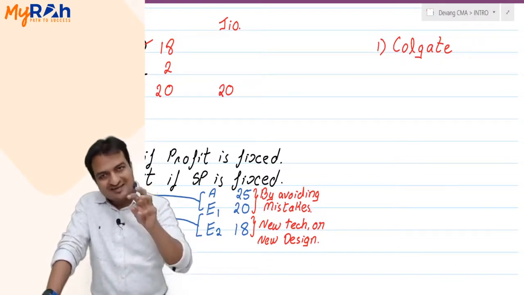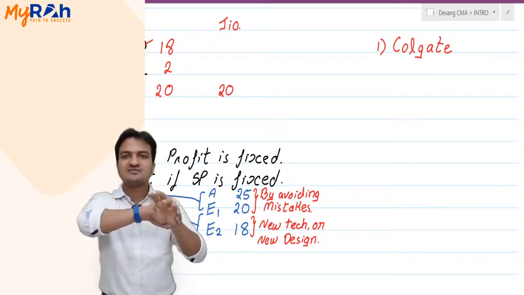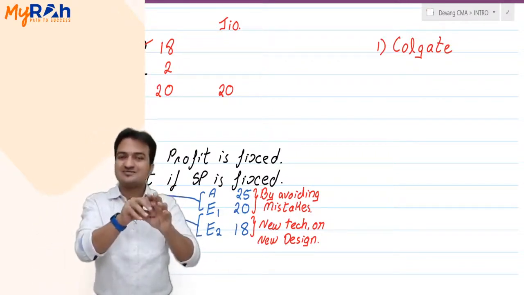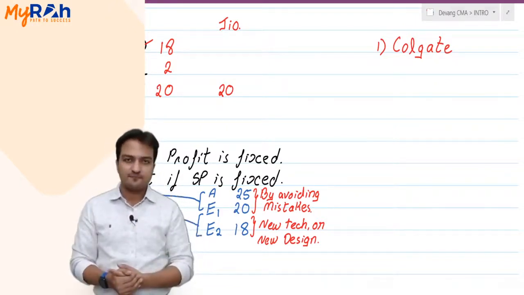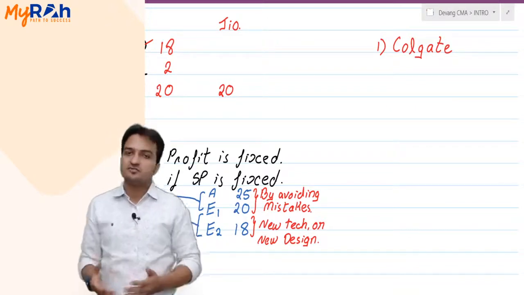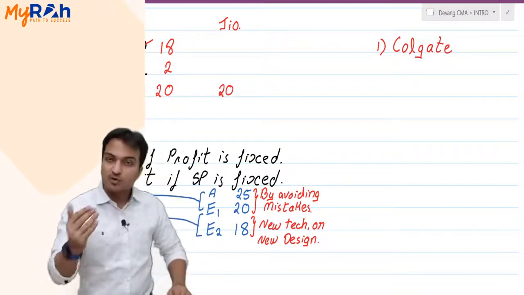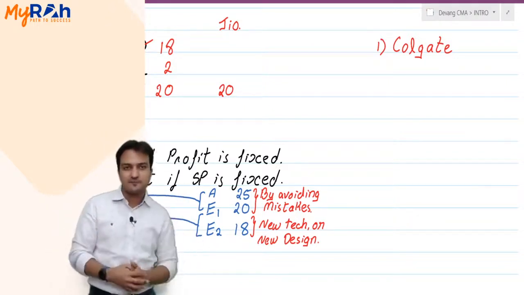Whenever you squeeze the tube, if the nozzle is bigger, more paste will come out. Now when more paste comes out, eventually it is more consumption by the user, and if it is more consumption by the user, ultimately it will be more sales for the company.